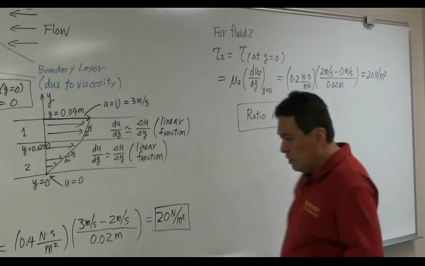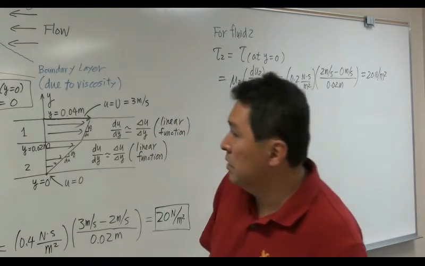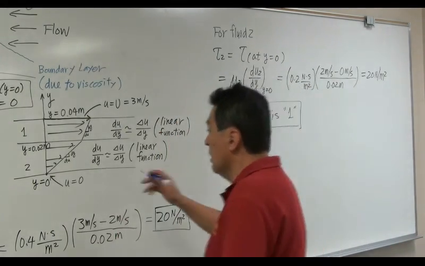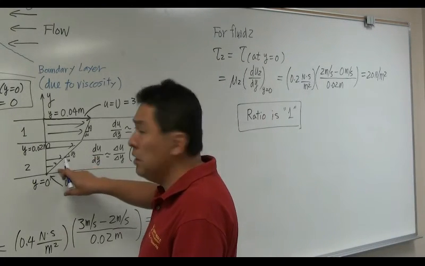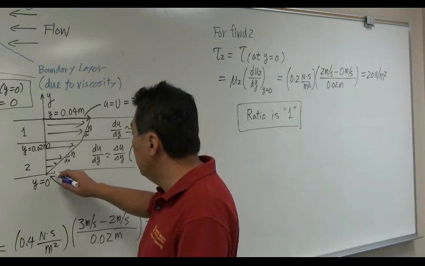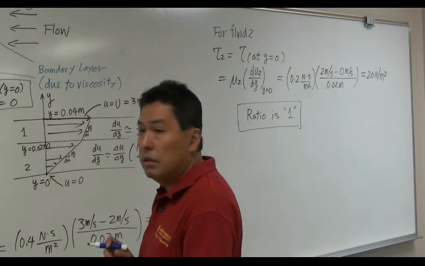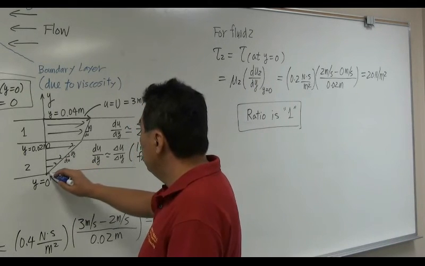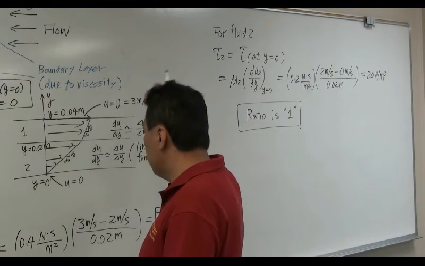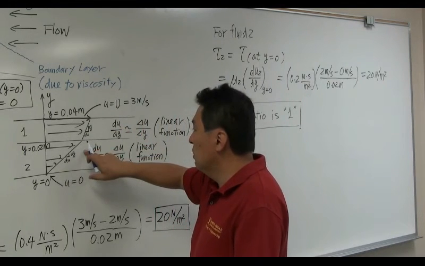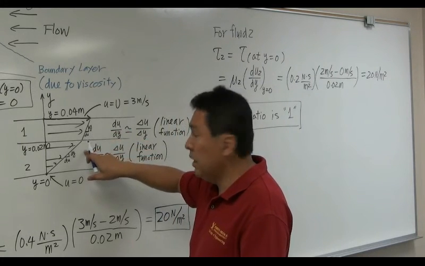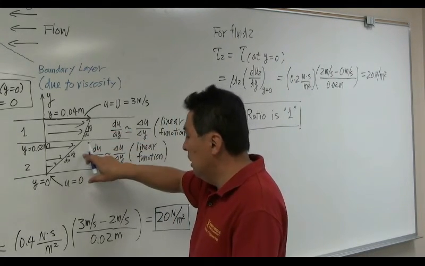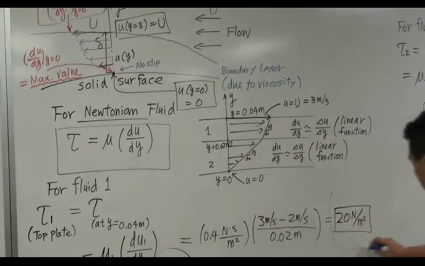Okay, so there are a few important things you can learn from this example problem. This is the case: suppose you have a linear change of velocity with respect to the height. Since this is a continuous linear function across two layers, the conclusion is that within fluid layer 1 and layer 2, the shear stress is all uniform, always this way.